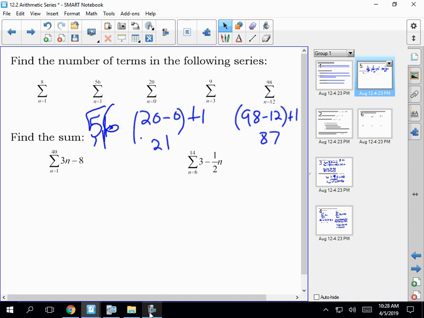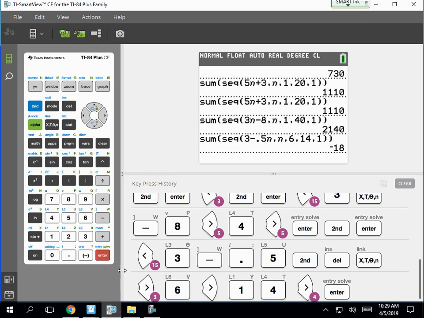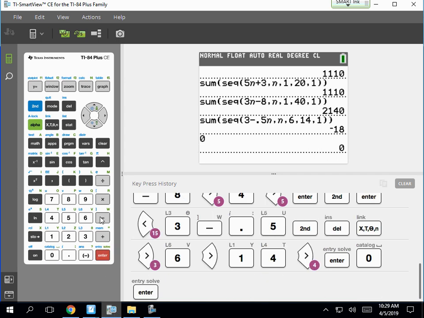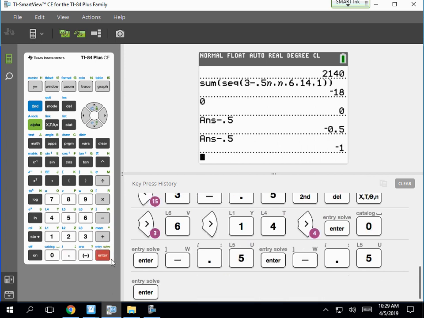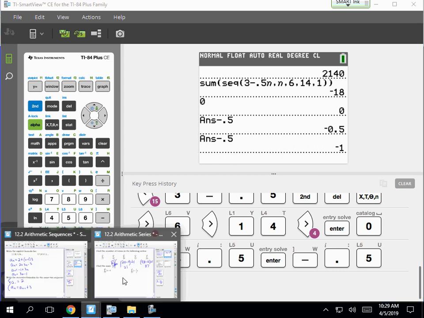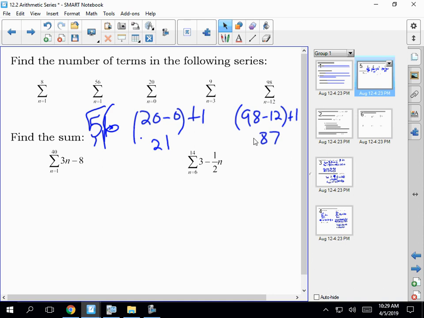So the way it would work on the calculator is you'd have 0, and you hit enter, and then minus 0.5 or 1/2, and then enter, and then minus 0.5, enter, keep going. That would generate the terms. Then you have to add all those terms up. So you add up 0 plus negative 0.5 plus negative 1 plus negative 1.5, and so on, and those add up to negative 18. But I'd encourage you to use the calculator. Use that sum sequence.